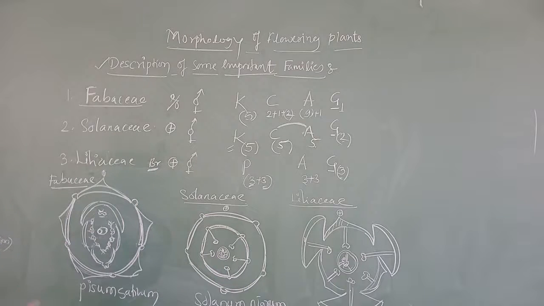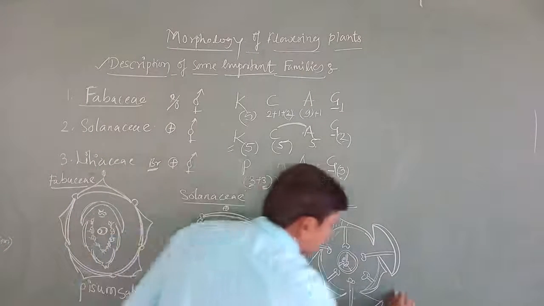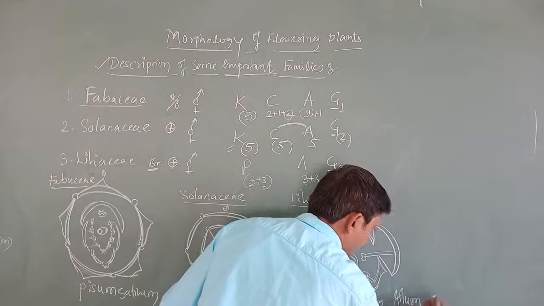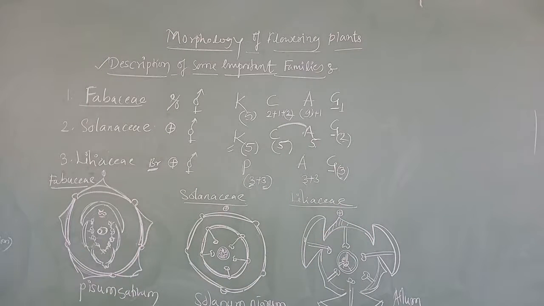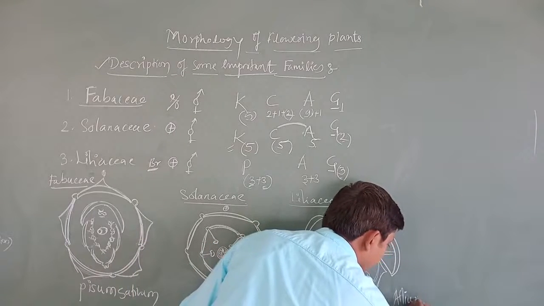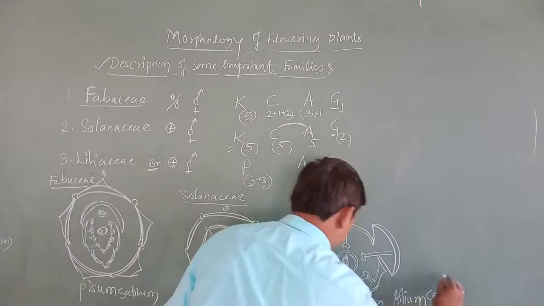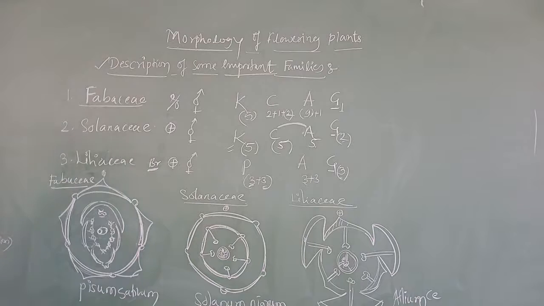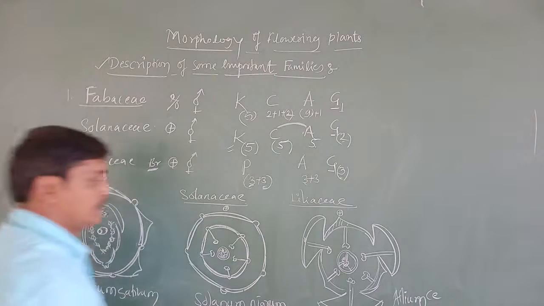Now, an example for the Liliaceae is Allium cepa, onion. That is A-L-L-I-U-M, Allium cepa, C-E-P-A.